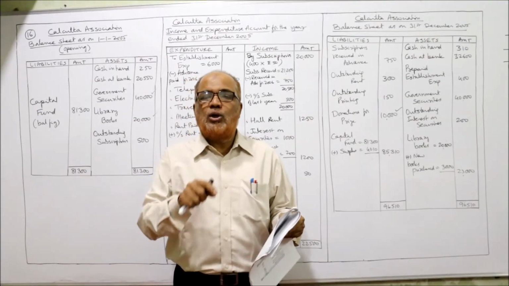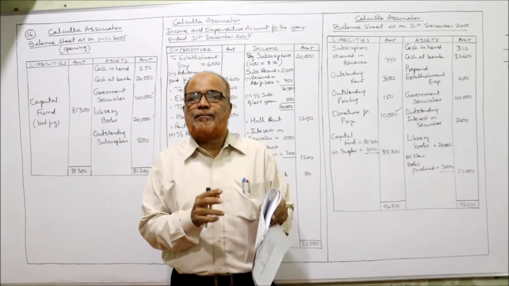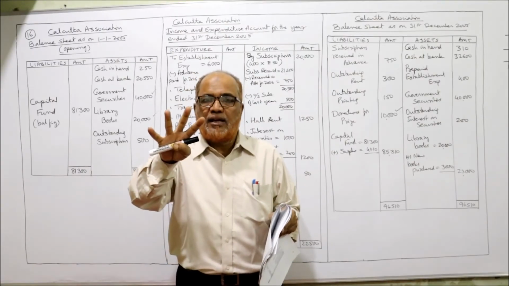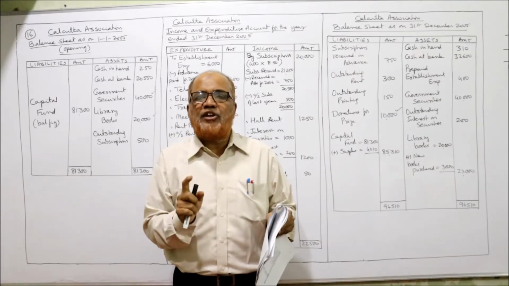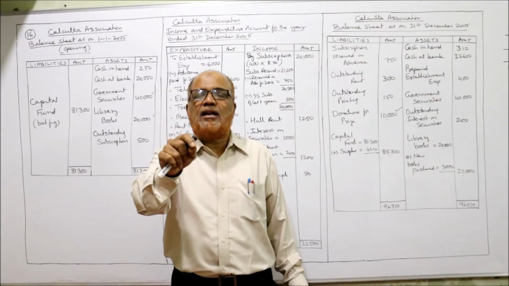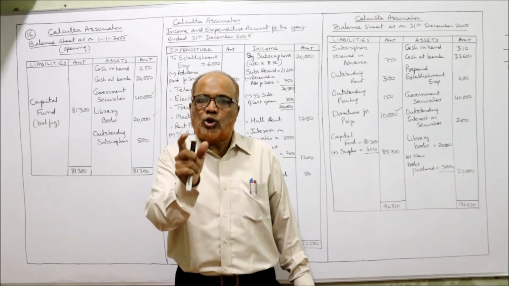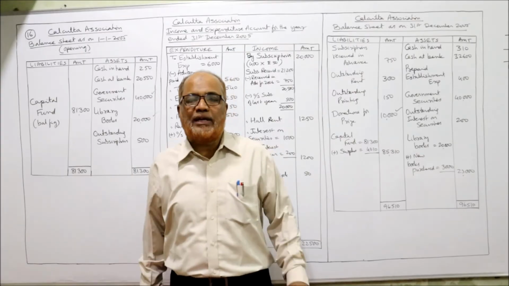So 400 into 50, 20,000 rupees is the subscription for the year. When we make the income and expenditure account, we take the current year income, whether received or not, immaterial. So current year income is 400 into 50, 20,000.